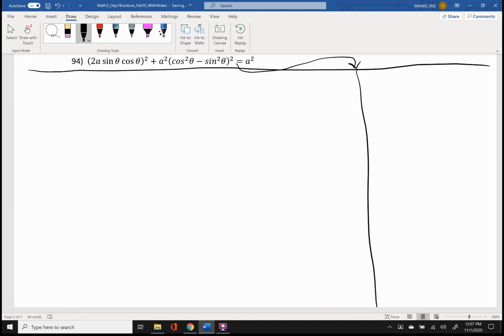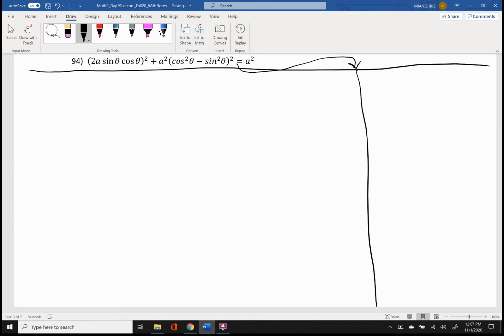Well, notice that we have some complicated stuff being squared. I think it would behoove us to just kind of square all of that stuff out. I'm going to not, though, distribute through the a squared in the second term. I'm just going to leave it where it is, at least for a moment, okay?